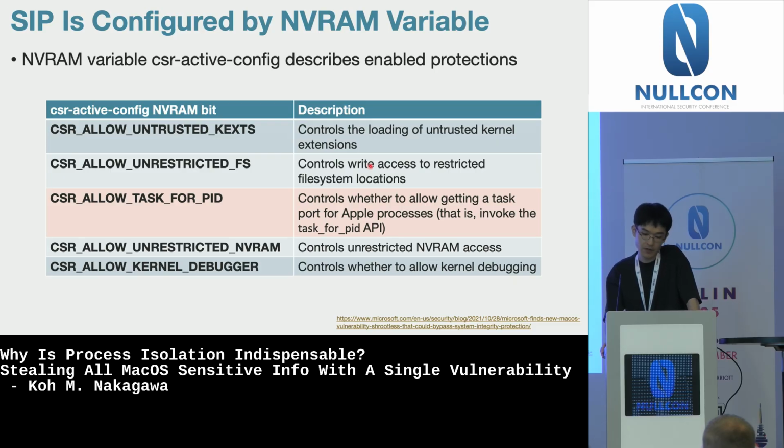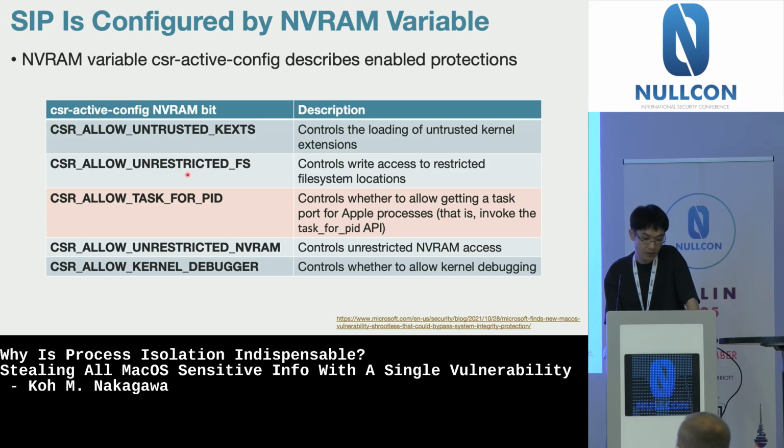Technically speaking, SIP is controlled by a boot argument variable called csr-active-config. This is a 32-bit unsigned integer used as a bitmask, where each bit controls a specific SIP protection. For example, CSR_ALLOW_UNTRUSTED_KEXTS controls whether untrusted kernel extensions can be loaded.